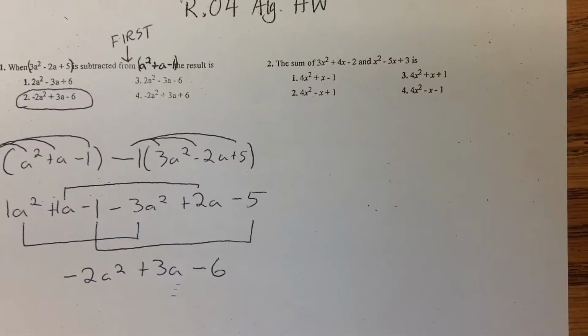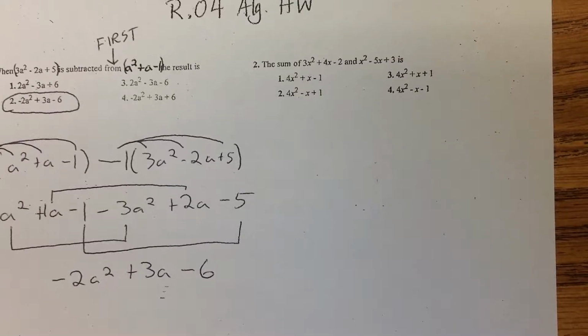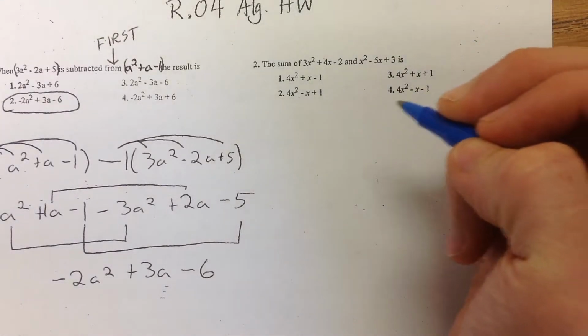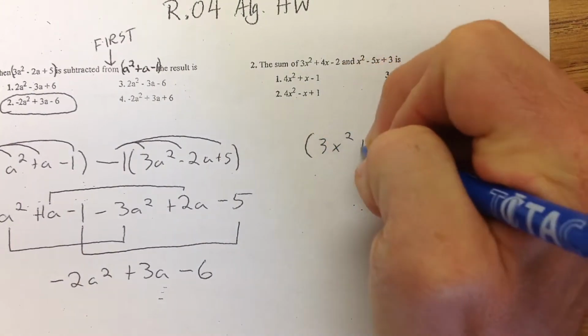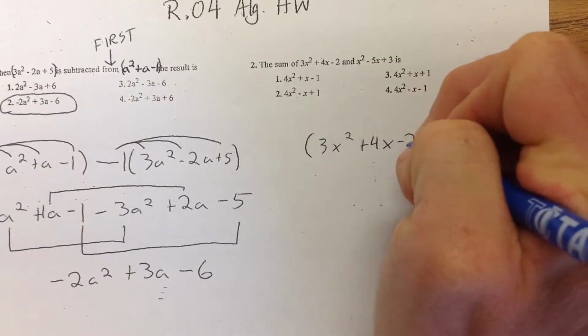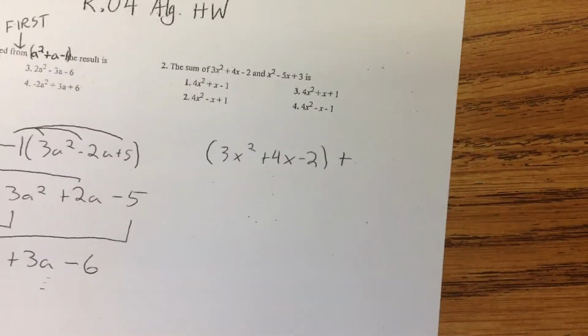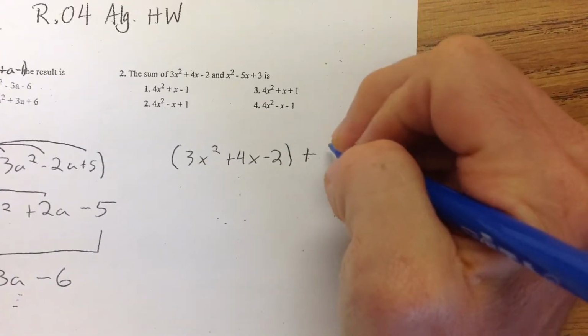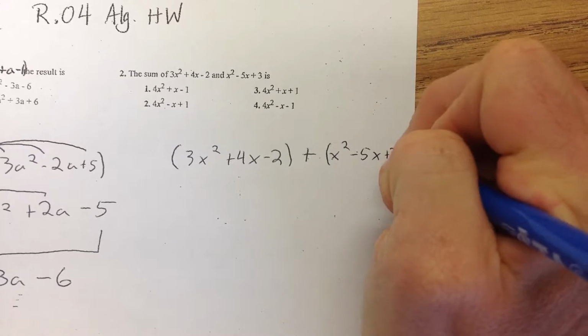All right, number 2 says the sum of 3x squared plus 4x minus 2 and x squared minus 5x plus 3 is. Now again, we can put the parentheses on this one. We can say 3x squared plus 4x minus 2 plus x squared minus 5x plus 3.